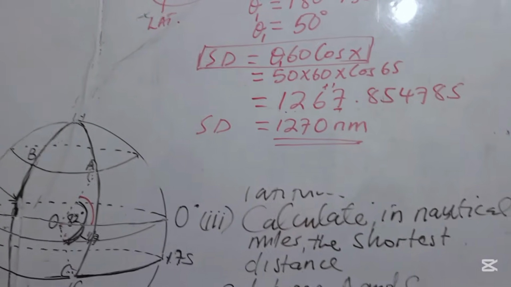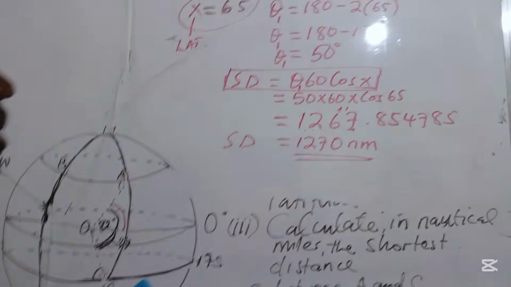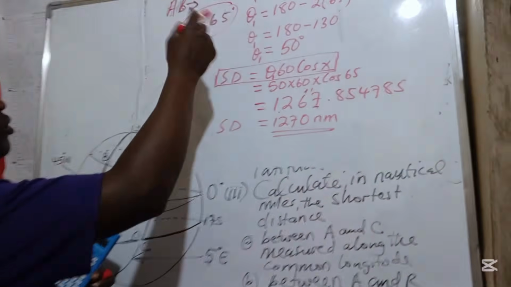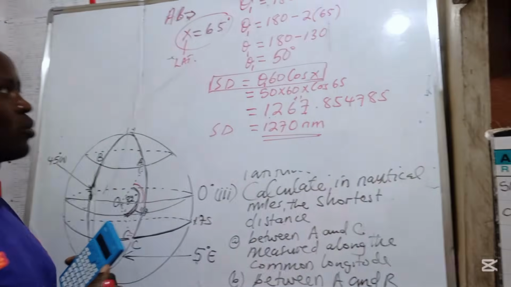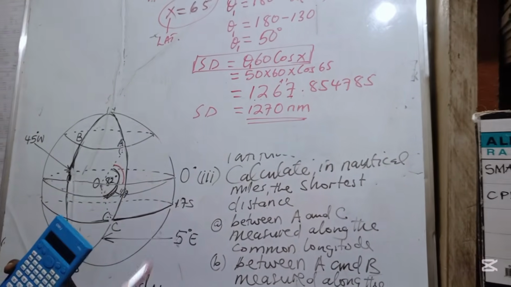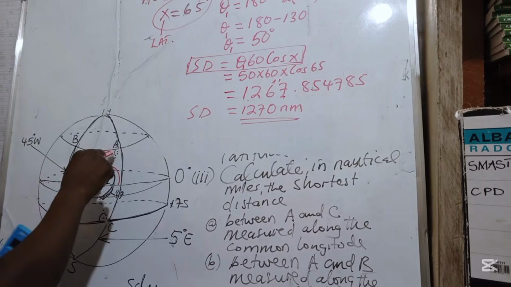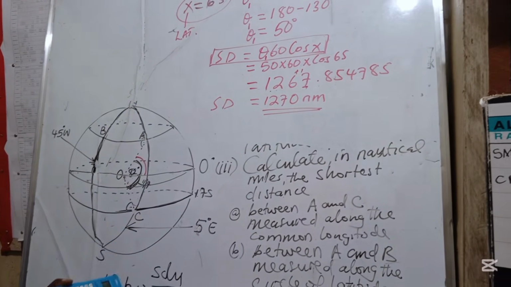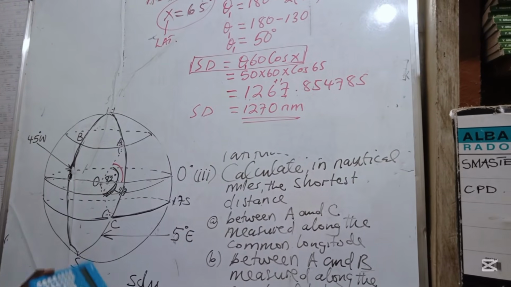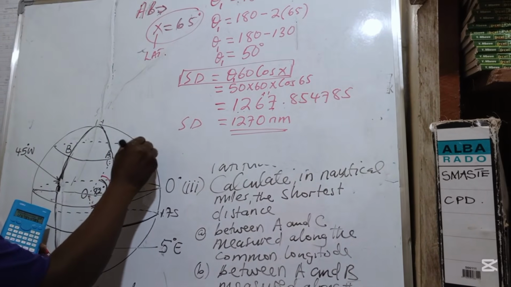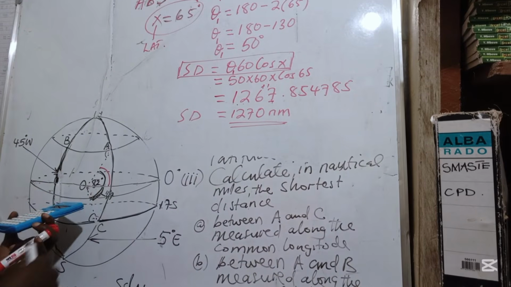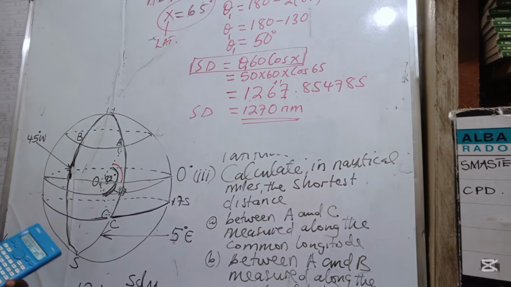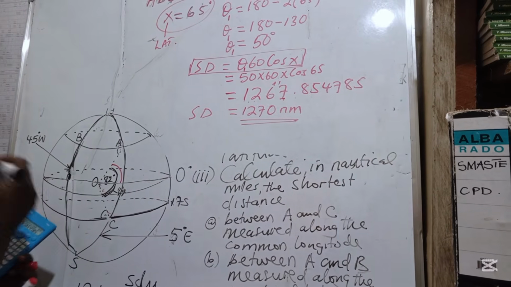What are some of the things you should look for? You should look for, number one, you should establish where those 2 points are. And then in this case, we are saying A, B, they are on latitude 65 north. So they are here.